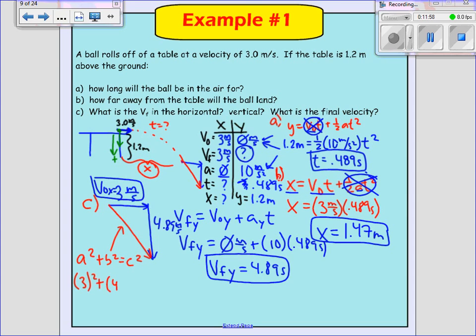My b is 4.89. Set that equal to c squared and solve for my c, that'll be my final velocity. So 3 squared, which is 9, plus 4.89 squared, square root of that answer, and that gives me my final velocity of approximately 5.74 meters per second.